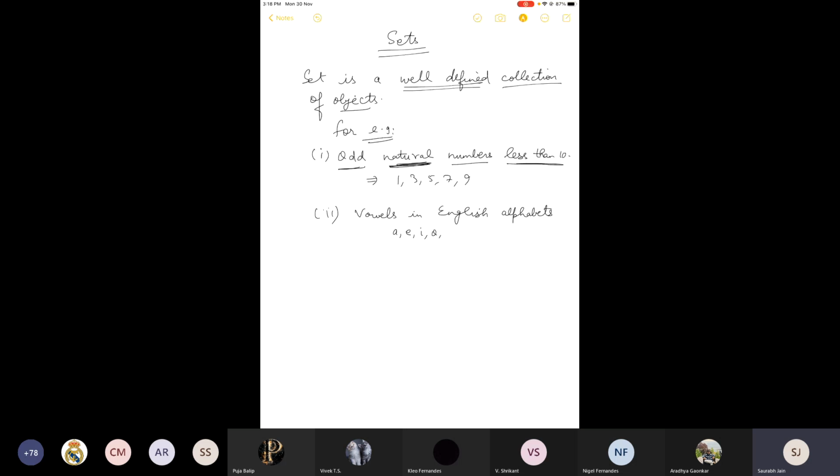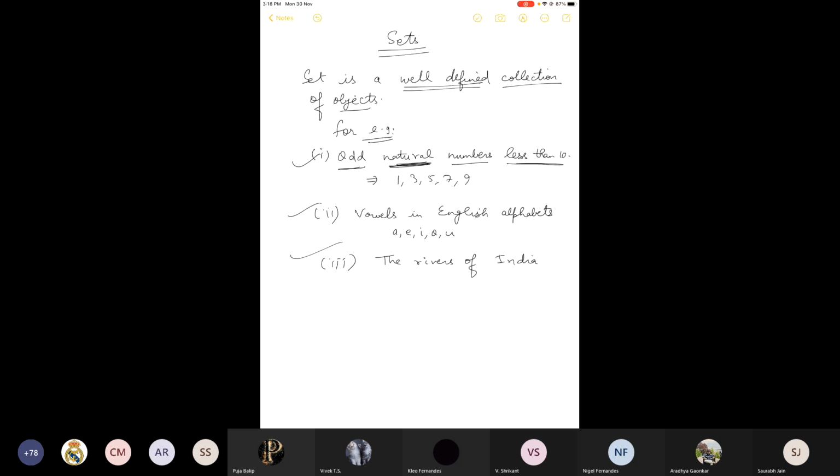Now for example, they give you the rivers of India. This is also well defined. We can write the names of all the rivers of India. So all these are well defined collections of objects. In the third one, objects are names of the rivers. So meaning should be clear.